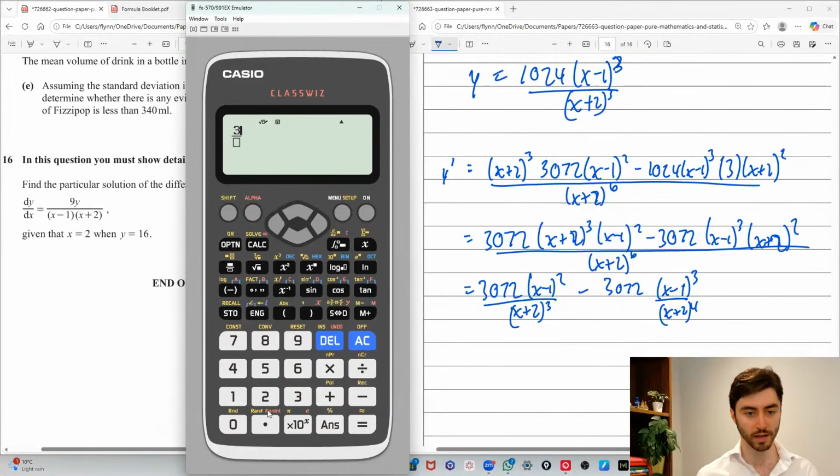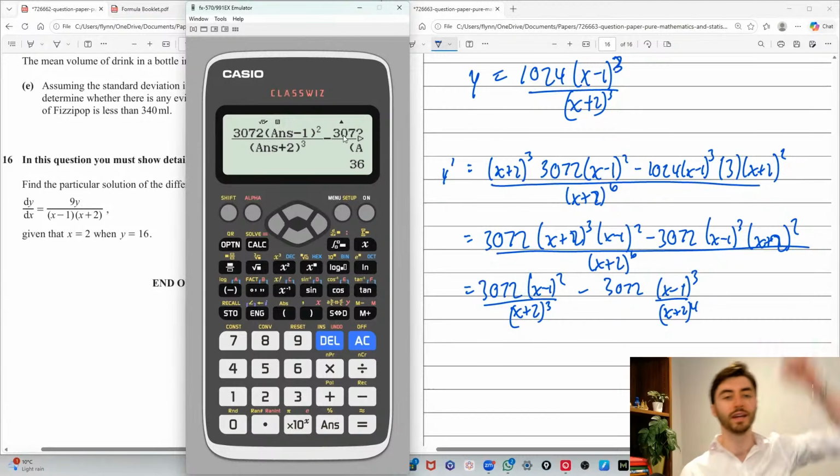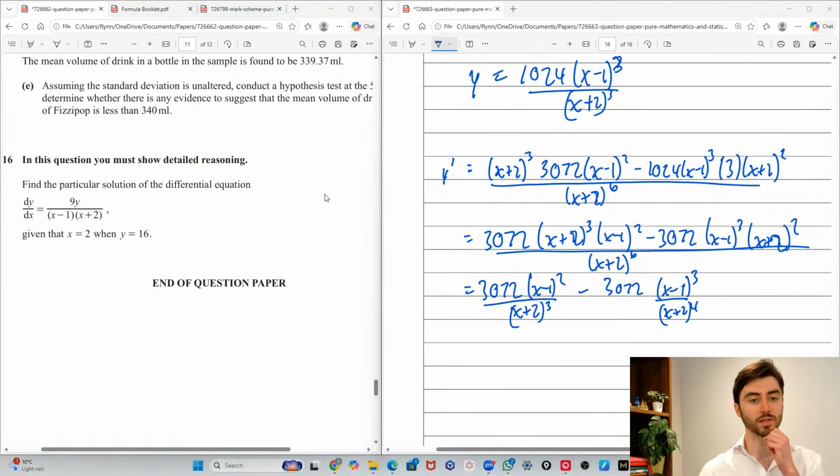Now, wish me luck. 3072 times (answer minus 1) squared all over (answer plus 2) cubed, minus 3072 into (answer minus 1) cubed all over (answer plus 2) to the 4. 36! It's correct. Okay, so I feel good about that.